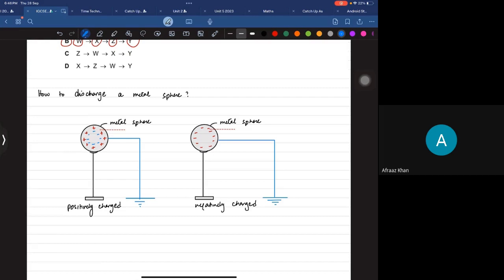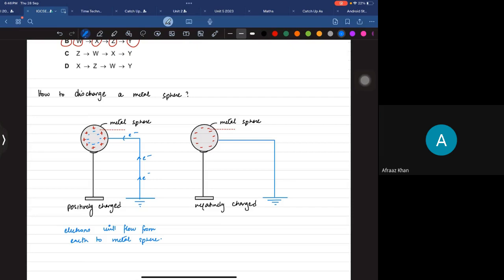Yes, good, Tariq. So we're gonna say electrons will flow from Earth to metal sphere. Okay, guys, you get it?